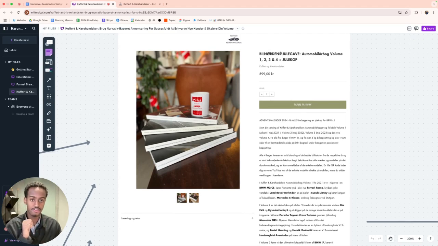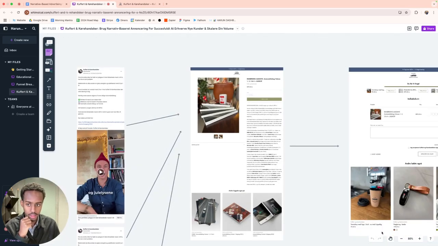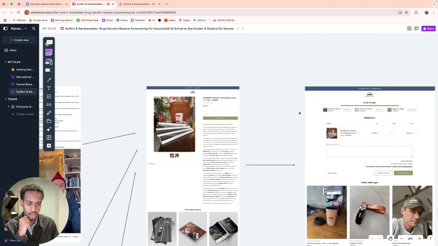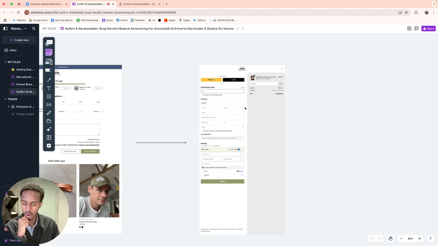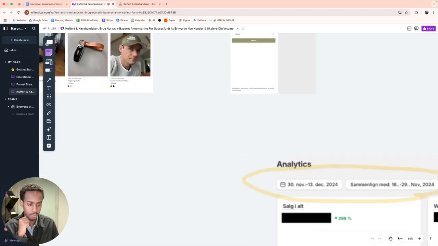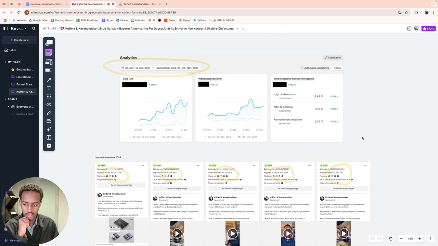So you can essentially see that this landing page says, if I translate it to English, the perfect Christmas gift for the man who loves cars, and essentially just a bundle of products to increase the average order value. And yeah, you can essentially see how we are keeping the same narrative cohesively from the ad to the landing pages, and again when they essentially check out and lastly purchase our product.